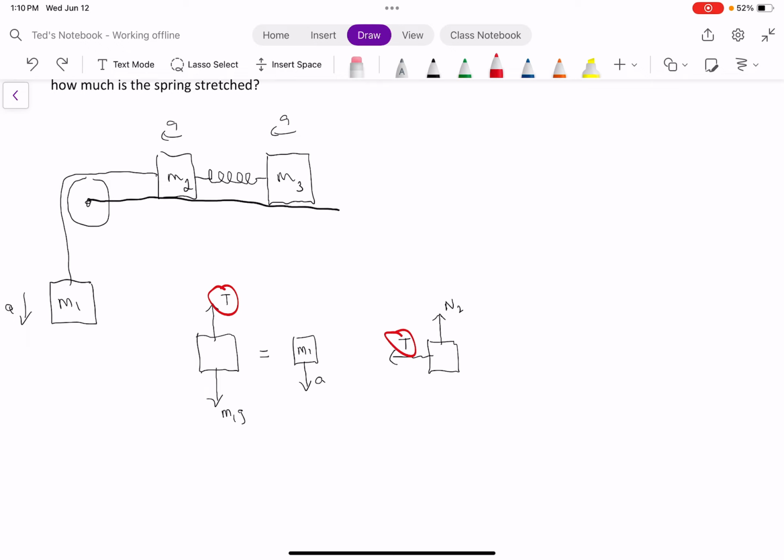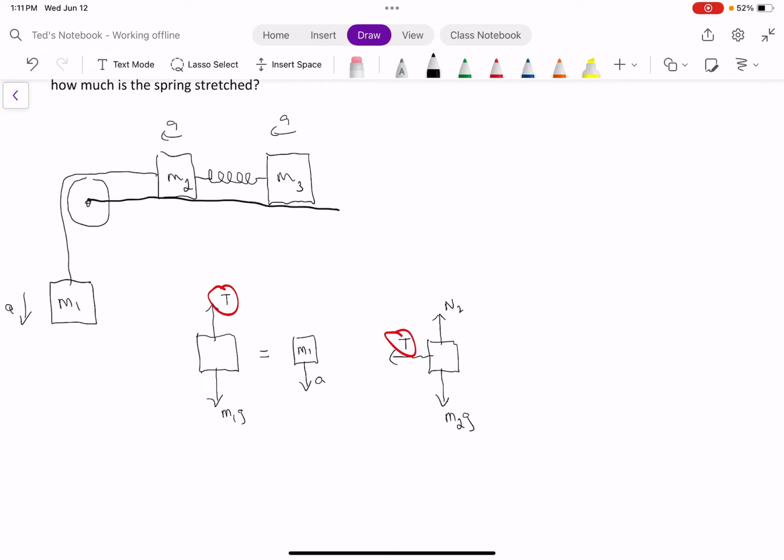And actually, we're going to have the same thing with the spring. The spring pulls forward on M3 and the spring pulls backwards on M2. If it's an ideal spring, both of those forces are going to be the same. All right, so we'll get to that in just a second. Back to block 2, we have a gravitational force, which is pulling down. I'm going to label that M2G.